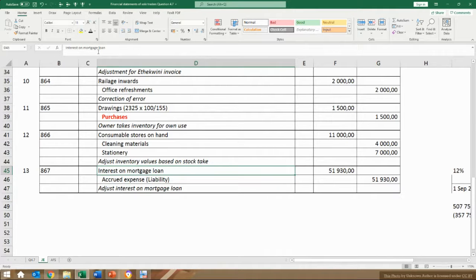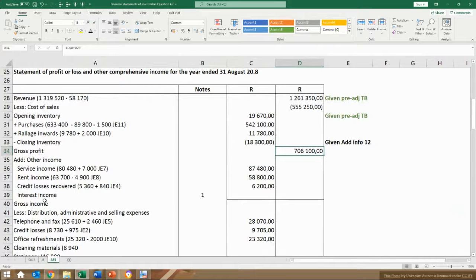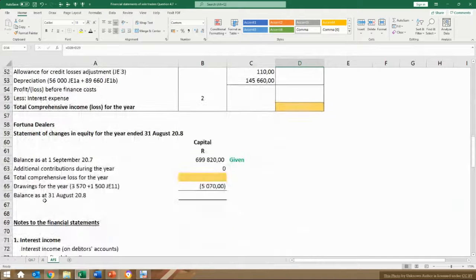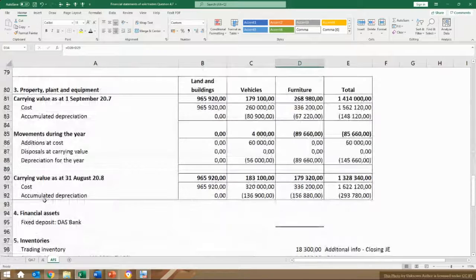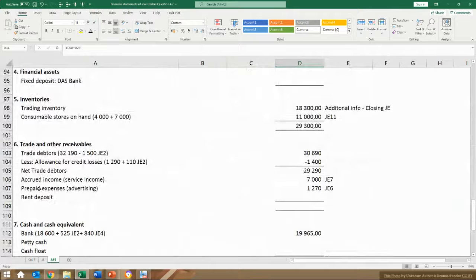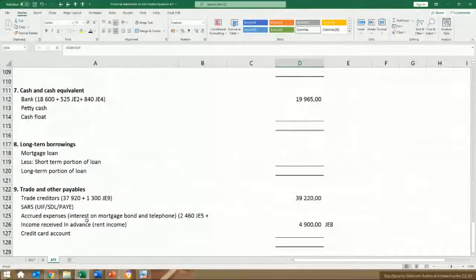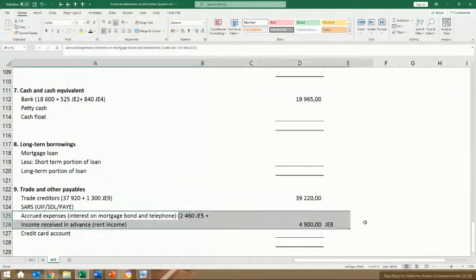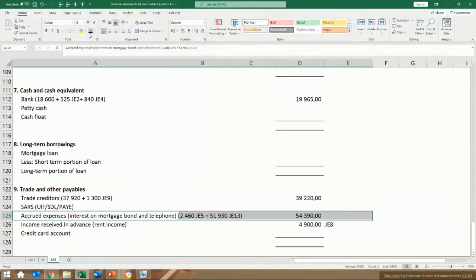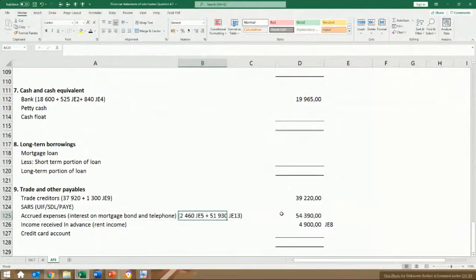And then I create interest on mortgage loan, which is the expense relating to the interest that I need to account for. So when I go to our financial statements, let's start with the liability first. We've got an accrued expense here, which is also the interest on mortgage loan, which we add on here.